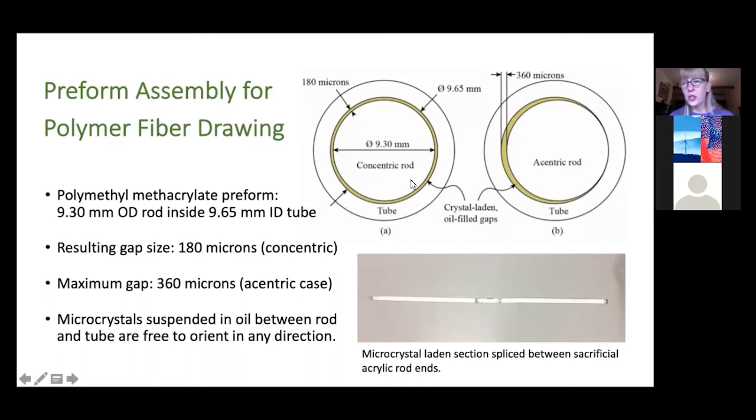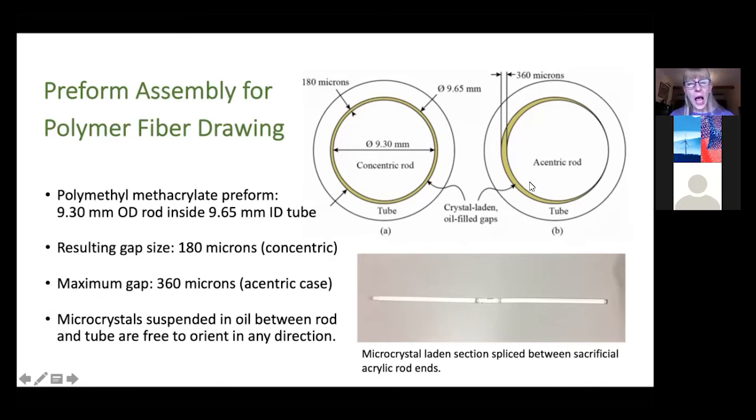Now, this is a cross section of what looks like, this is the preform from which fiber was drawn with the aligned microcrystals. So this is the cross section, and this interstitial gap is what holds the suspended microcrystals.